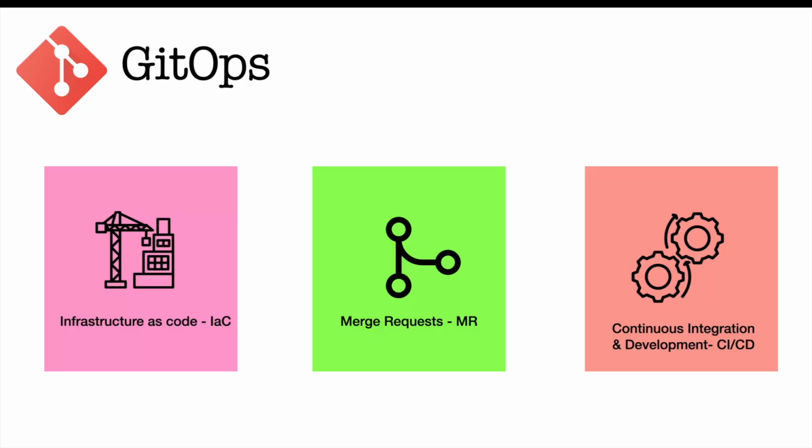Any changes that you make to your infrastructure code should be mediated with the help of a merge request that should be properly validated by your team members or peer reviews. And there has to be a continuous integration and delivery pipeline that would validate the changes that you have pushed before deploying to production.